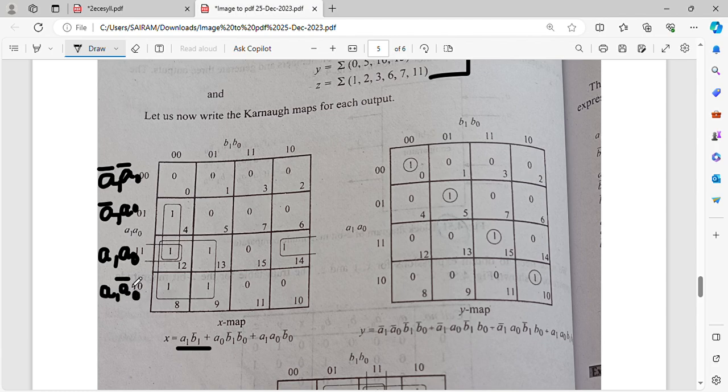In the same way, B1, B0 bar, B1 bar B0, B1 B0 is B1 B0 the whole bar, right?